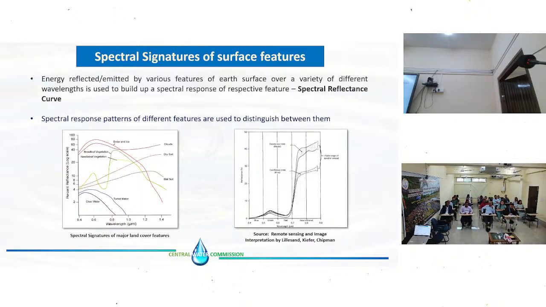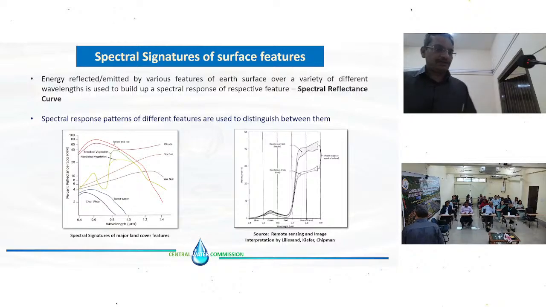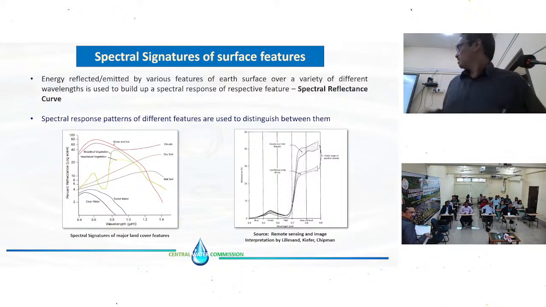You will find a combination of red and blue, so it appears brown in color instead of blue. This is one curve. Similarly, this is for vegetation, which we have just seen. Broad leaf, needle leaf.